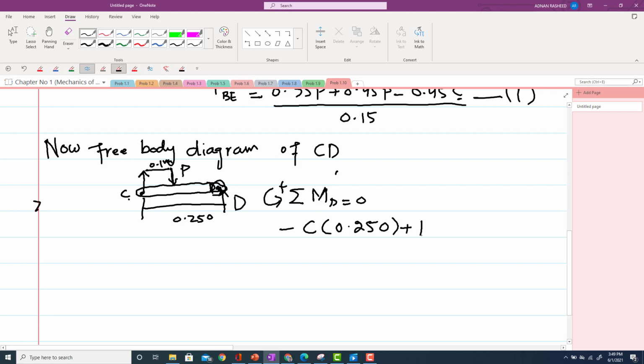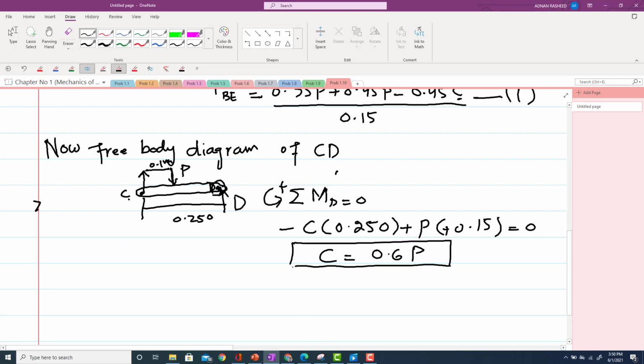So plus P into the distance, 0.250 minus 0.1, that will be 0.15. Sorry, not minus, plus. So the distance is 0.15, equal to 0. If you solve this, that will give you C is equal to 0.6 P. So this is the force.